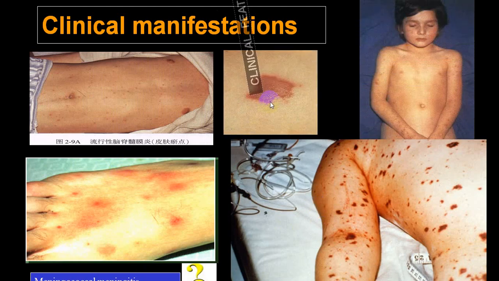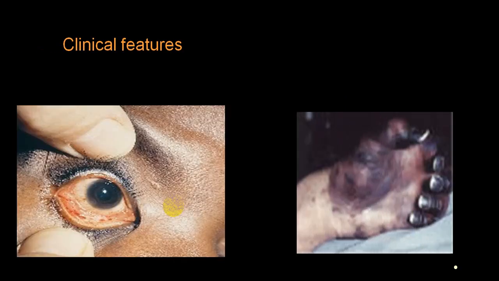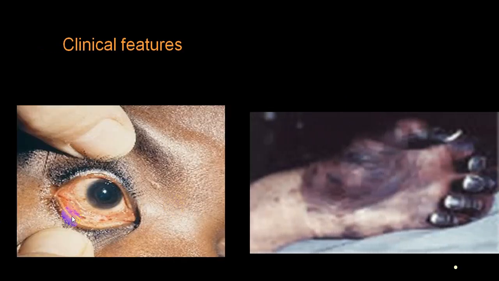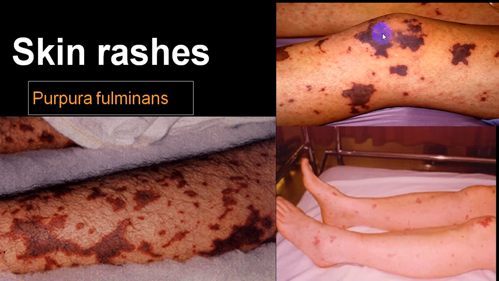You can see here a lot of rashes. Here you can see petechial to even a big ecchymosis. There are rashes; this will be seen in viral as well as bacterial infection. You can get conjunctival hemorrhage right from here. You can see a bad vasculitis producing gangrene. You can see subcutaneous bleeding, big petechial hemorrhage.